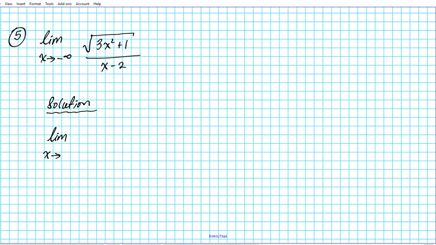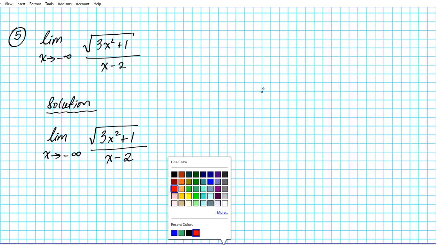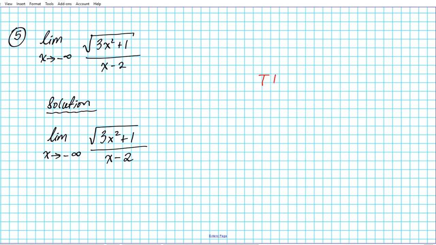Alright, so that will tell us what case we are looking at here. So in the numerator, we have a square root of 3x squared plus 1. And in the denominator, we have x minus 2. Alright, so what case are we looking at here? Is it top heavy, which is plus or minus infinity? Is it equal weight, which will involve us dividing leading coefficients? Or is it bottom heavy, which would just be 0?